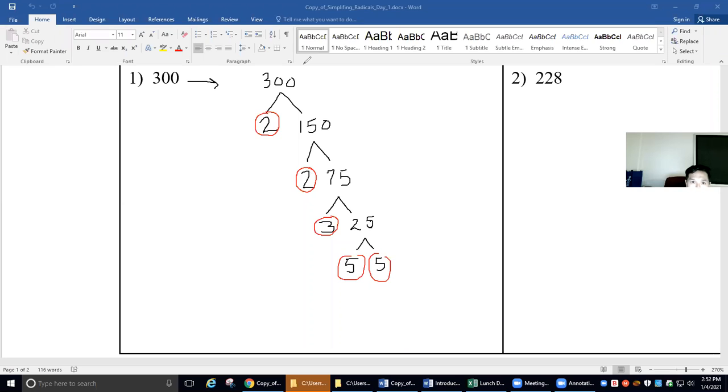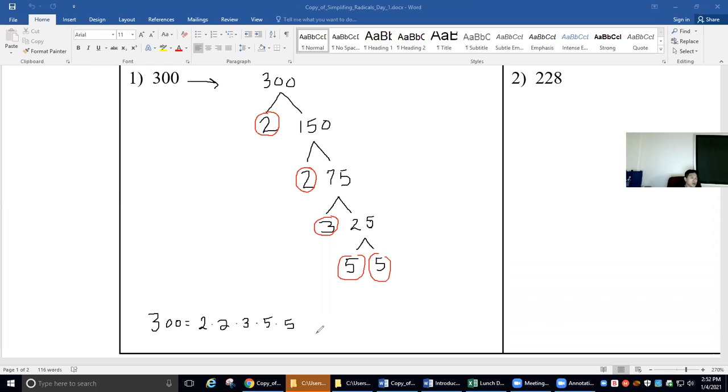We're going to rewrite 300 as a multiplication of these factors, encircled in red. So 2 times 2 times 3 times 5 times 5. This is the main practice for today.